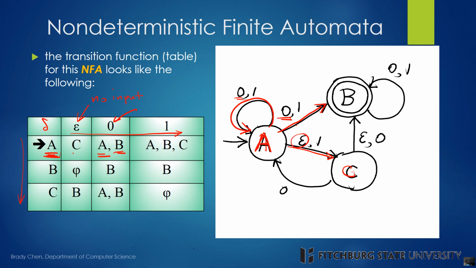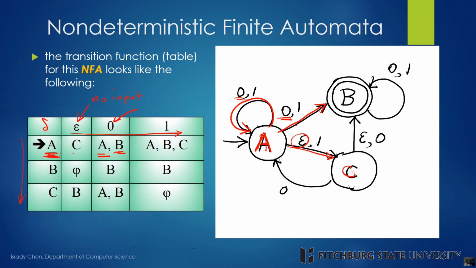With the current state A and the current input 0, the transition function may move the machine to the next state A or the next state B. You see that the answer is not unique.